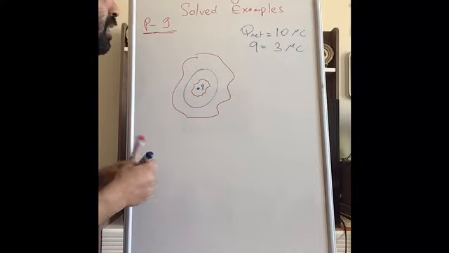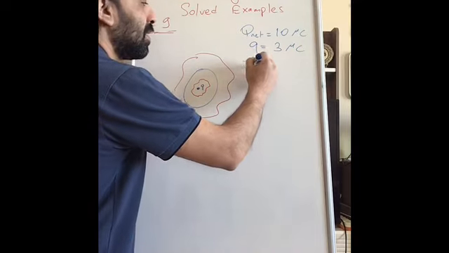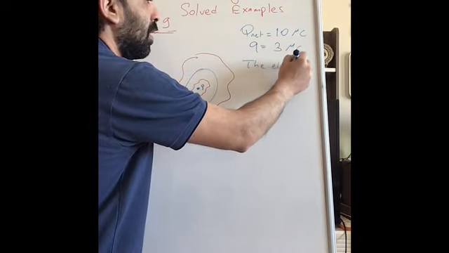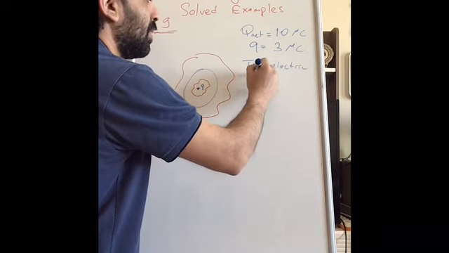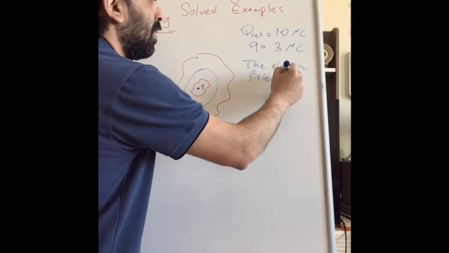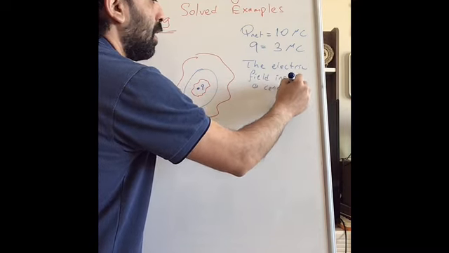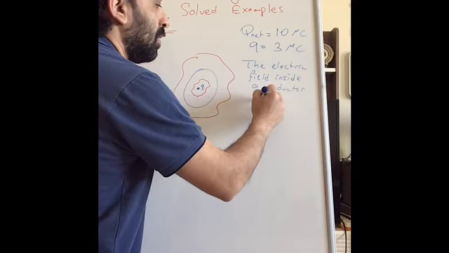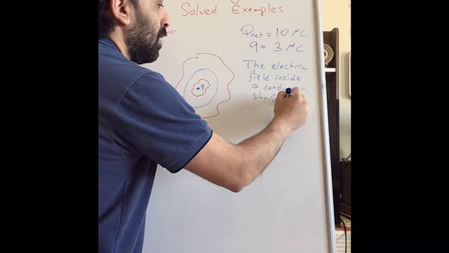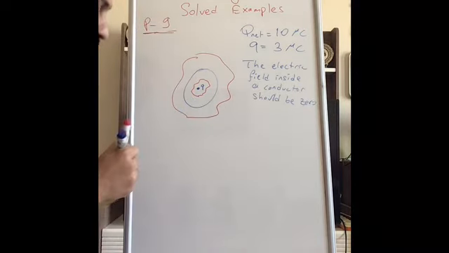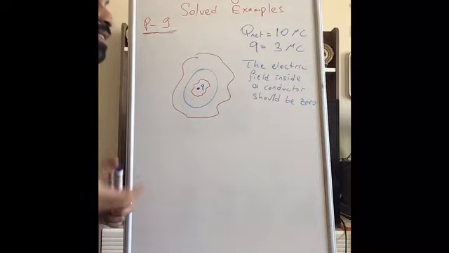So first of all, let me remind you, the electric field inside the conductor should be 0. So in this case we have non-zero electric flux.